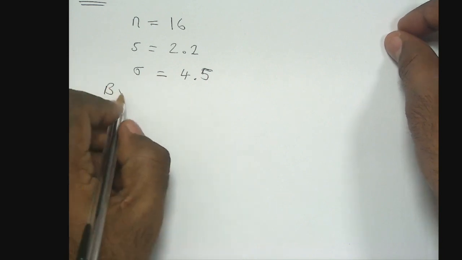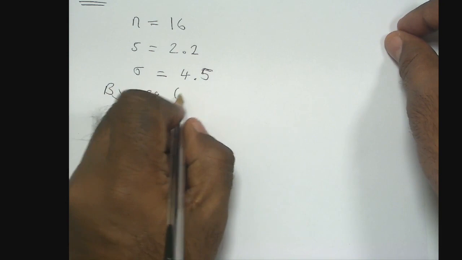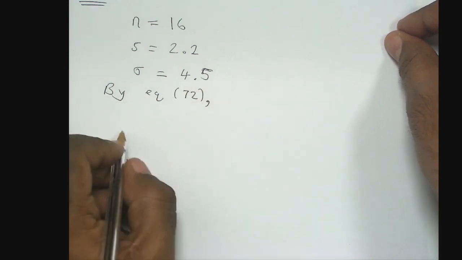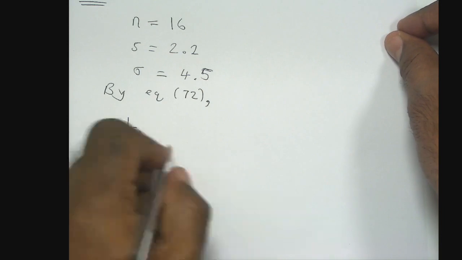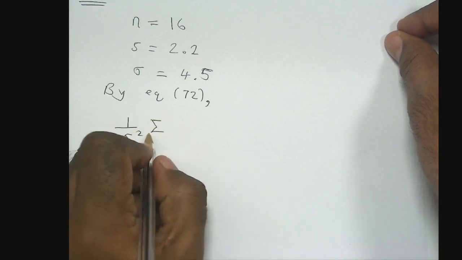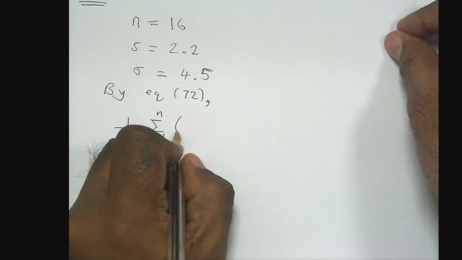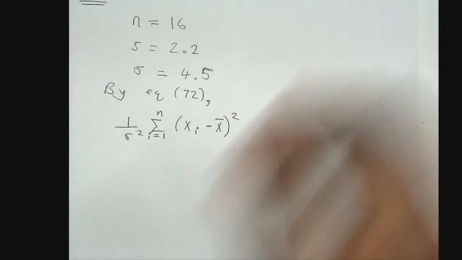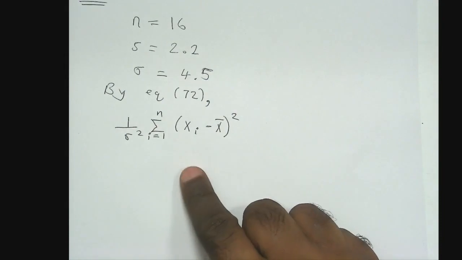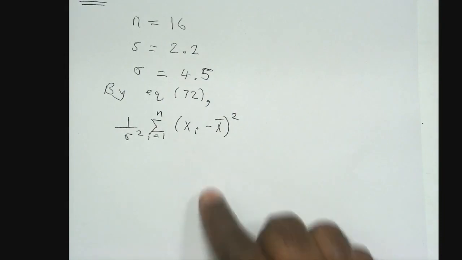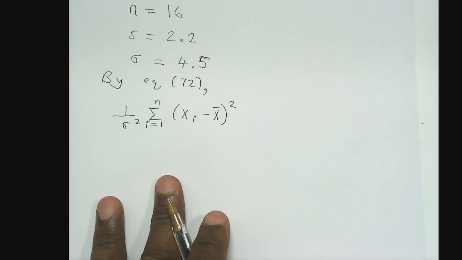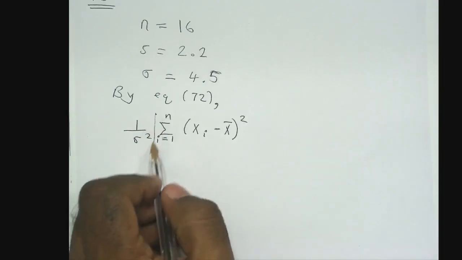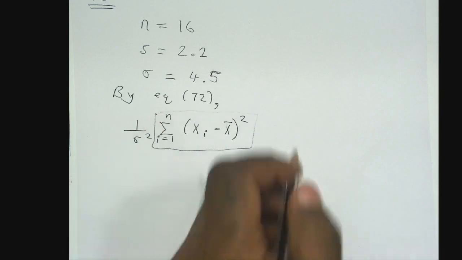Now, if you look at equation 72, which says that this must have a chi-square distribution with n minus 1 degrees of freedom. Now, let me ask you guys, this here is equal to what?